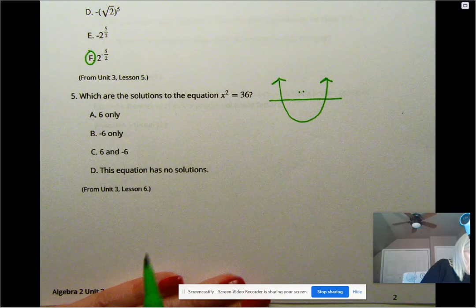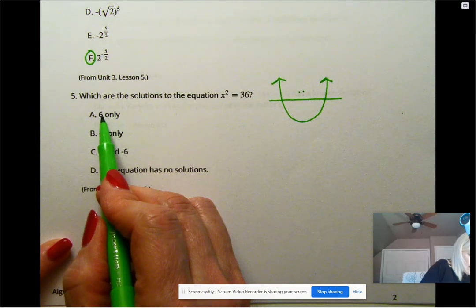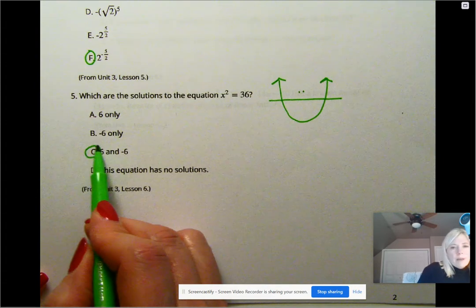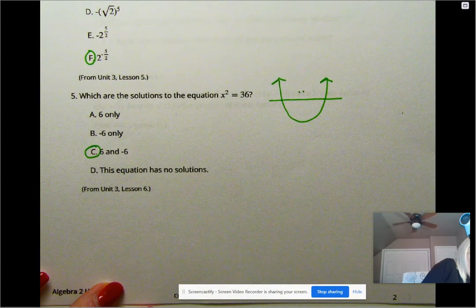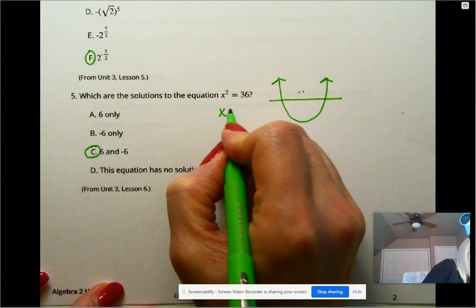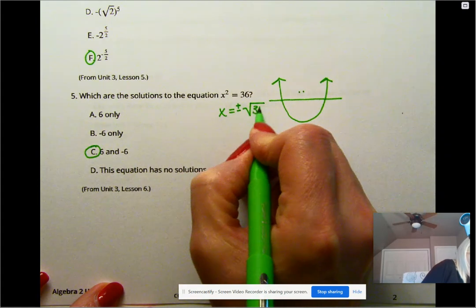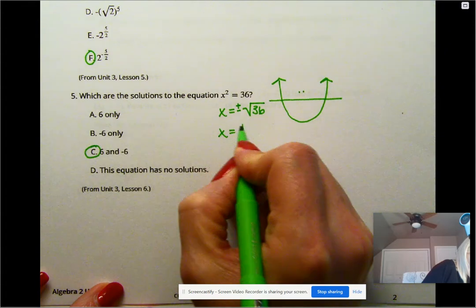So 6, negative 6, both of them. Okay, so this is positive and negative square root of 36. So positive and negative 6.